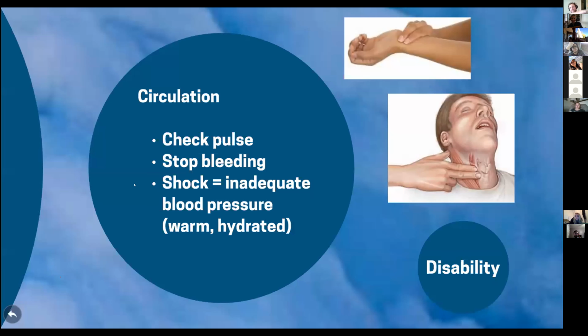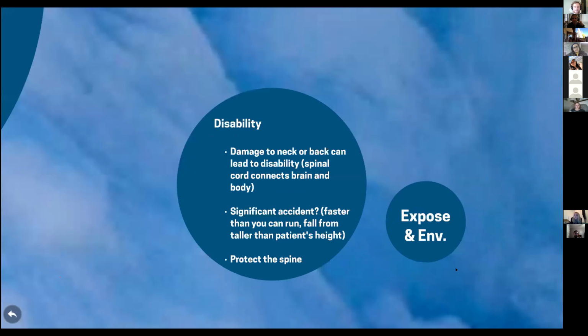If I were going into shock, this blood's going to be shunted to my core, and the blood's not going to be near my periphery. So I'm going to turn pale, cool, and clammy because all that blood's going into the core. So again, this pulse here is your radial pulse, and this one here is your carotid pulse. If you're with a friend, you can play doctor and check out those pulses.